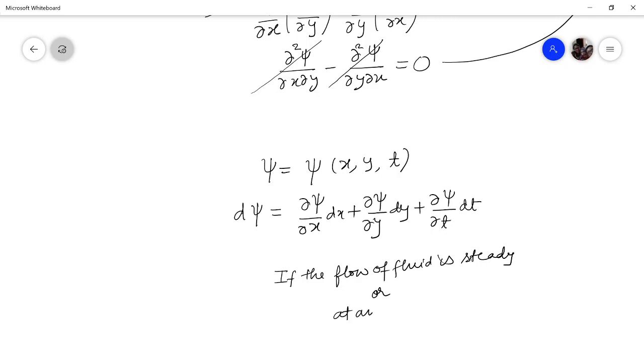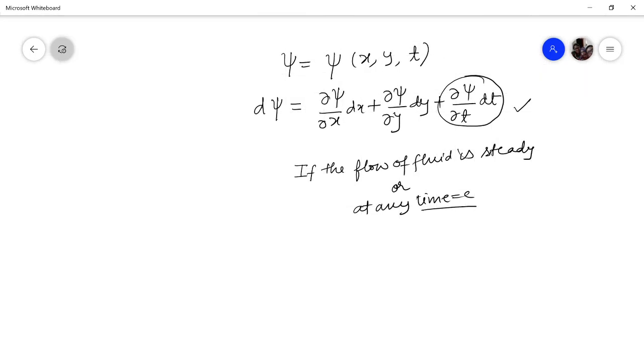or at any instant, time is equal to constant, then if we look at this equation, this term will vanish, because for a steady problem the variation of any property will not be there, and if it is at any instant, then change in time will not be permissible.